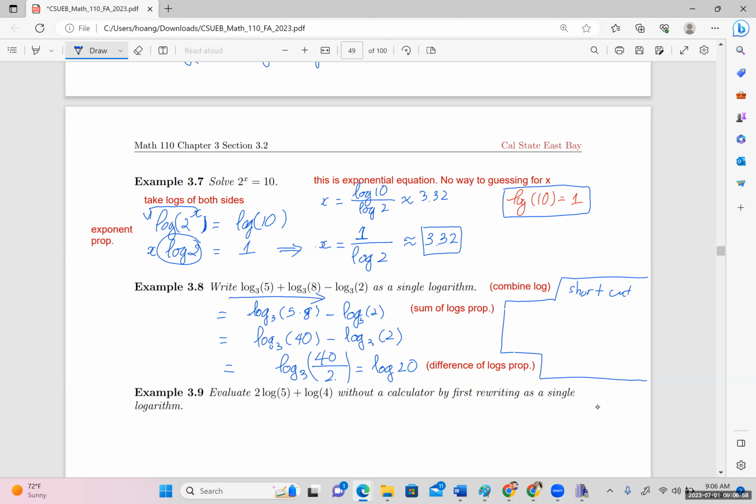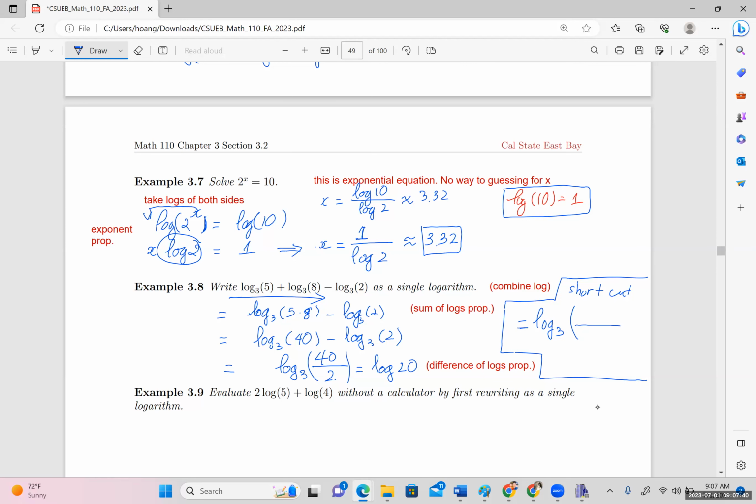Okay, so try to always remember that addition between two logs will be the product of the arguments, and subtraction will make division. So the one that has a negative will be in the bottom. The log that has a negative in front of it will make the argument go to the bottom. So what I do is combine logs with the same base, and the argument will have a fraction form.